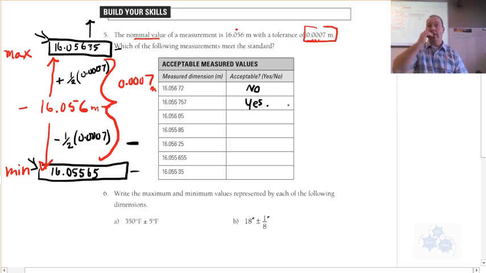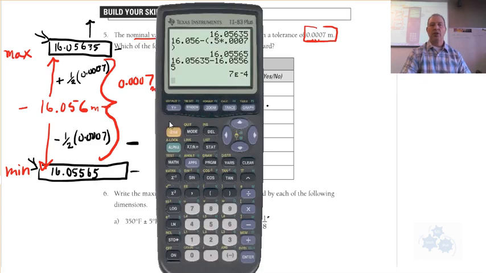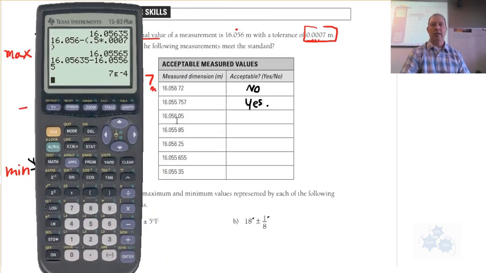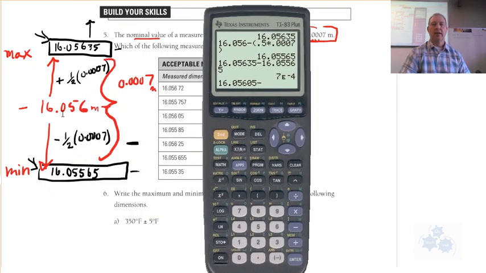Now, here's another way you could do this. If you don't like this way so far, if you're like, I can't tell, Mr. Maxwell, if this number is in between those or not, let's do this then. Here's method number 2. You take each value that you see, like this one right here, 16.05605, and you subtract the nominal value, 16.056, to find out how far it is away from the nominal value.